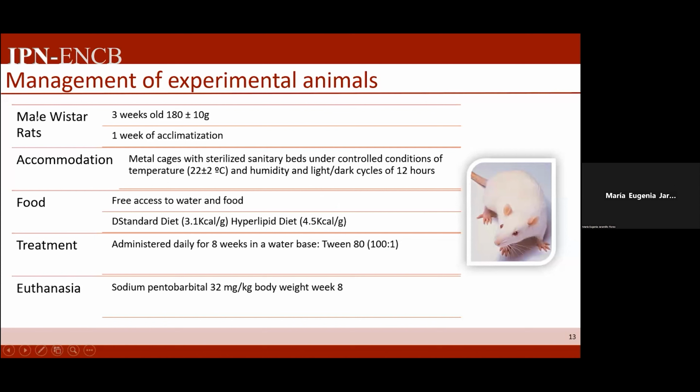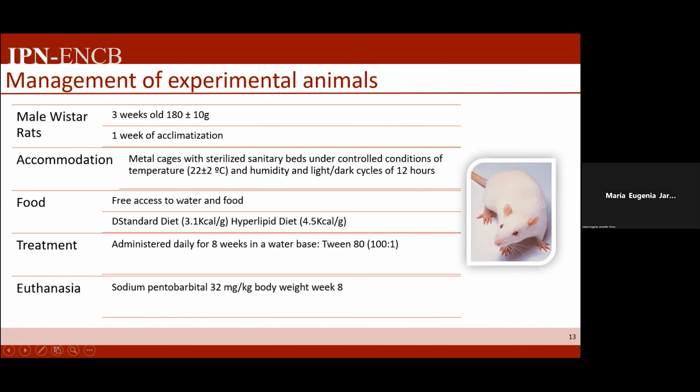For this, we used male Wistar rats. The study lasted 4 weeks, and previously we maintained the animals in metal cages with sanitary beds under controlled conditions of temperature, humidity, and light-dark cycles of 12 hours.